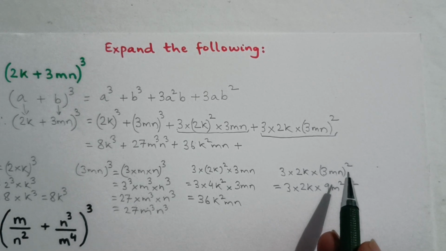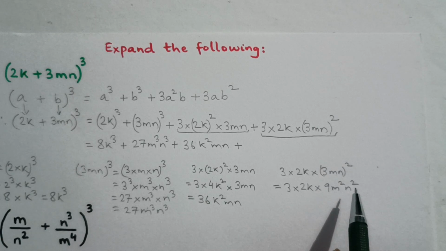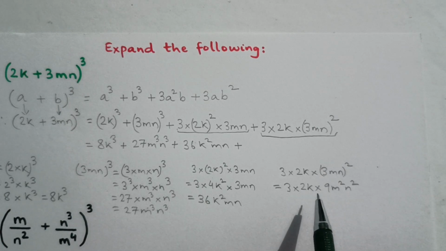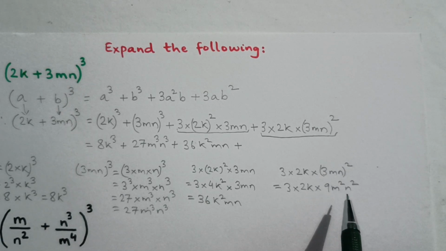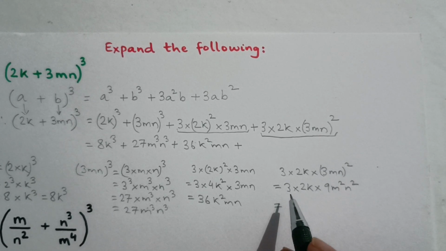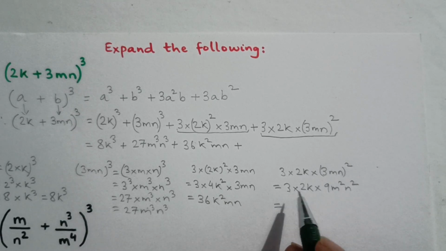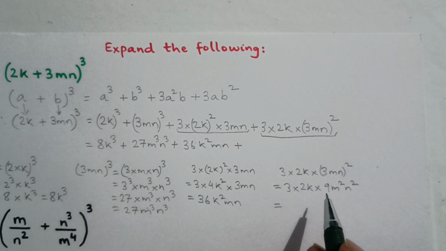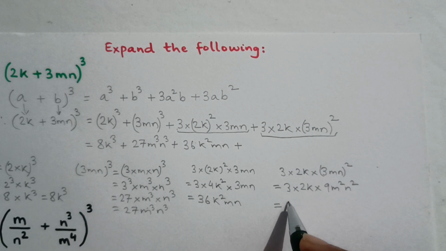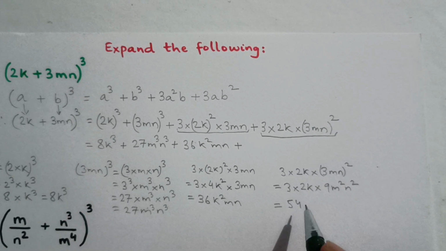So 3 into 2k into 9m square n square, and first we will multiply the numbers. 3 into 2 into 9. 3 into 2 is 6. 6 into 9 is 54. So 54 k m square n square.